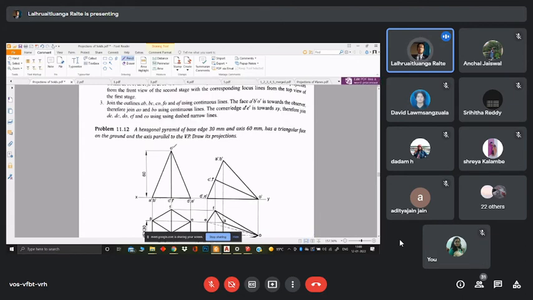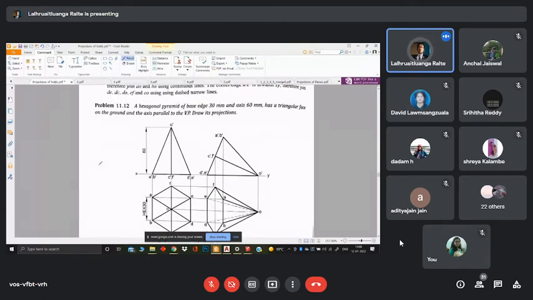Remember when we said that a pentagonal prism has rectangular faces. Now a pyramid always has triangular faces, so a hexagonal pyramid is also going to have six triangular faces, and that particular face is going to be resting on the horizontal plane. Something like this we are going to achieve.